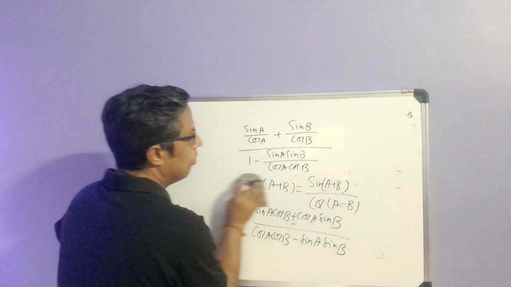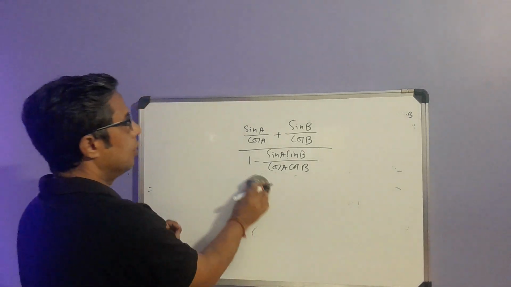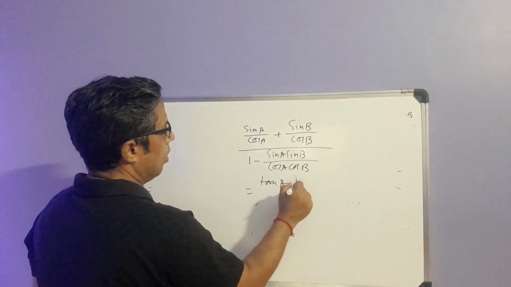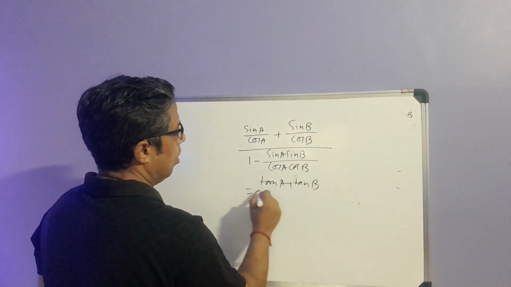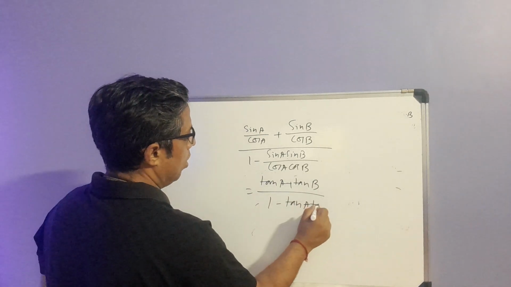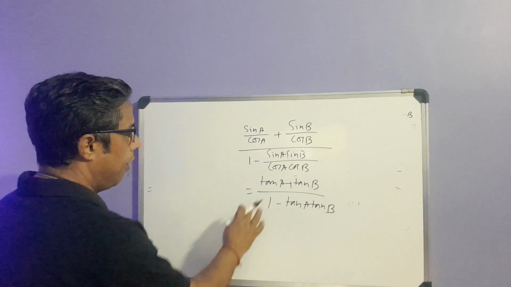We are very near to the final answer, right? So it will be tan a plus tan b over 1 minus tan a tan b. That's it. We got the formula.